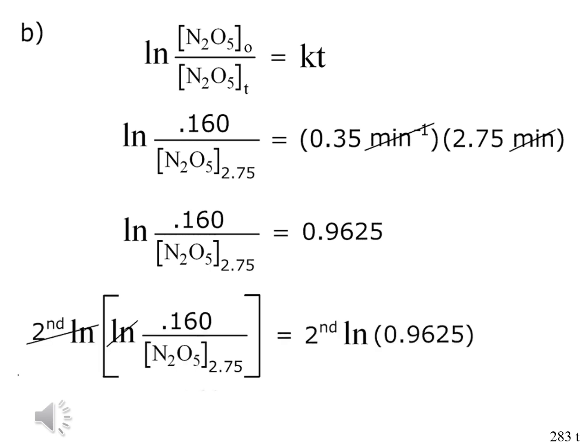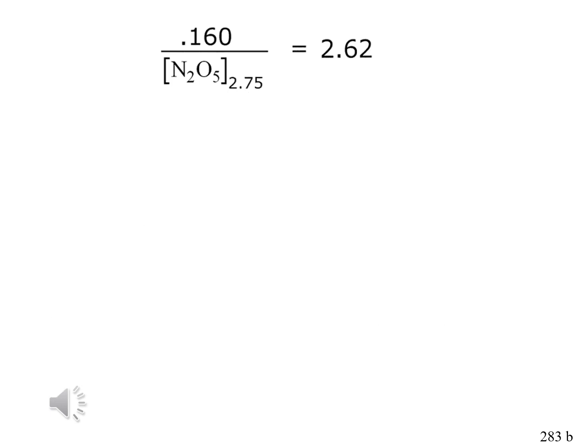So if you take the inverse ln of both sides, it gets rid of the ln on the left, and you get the second ln of the number on the right. And this is that equation that everybody can easily get upside down. So when you solve it, I'm going to do it by the method I showed you.